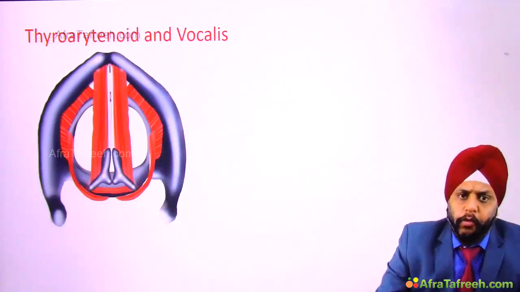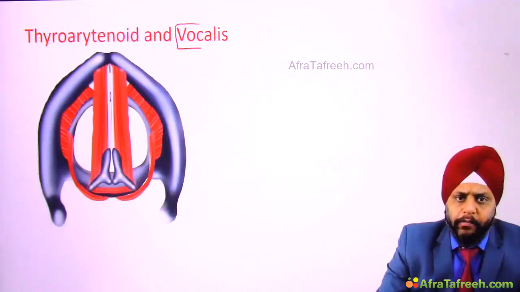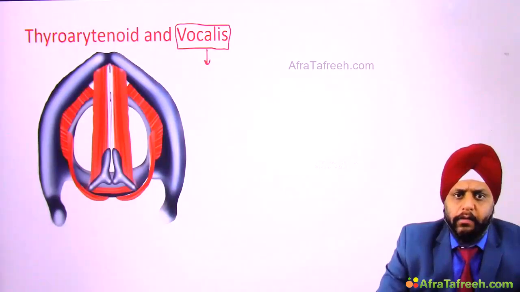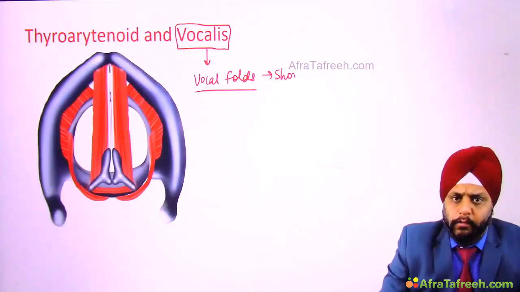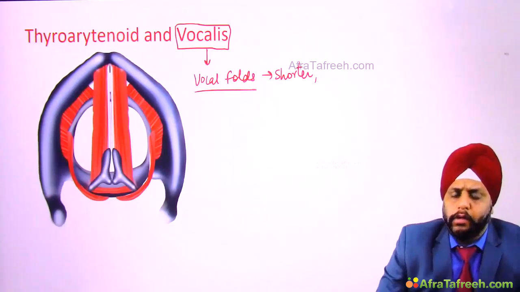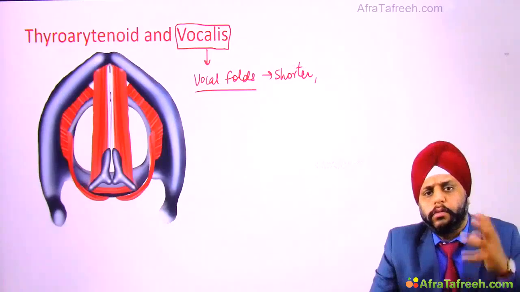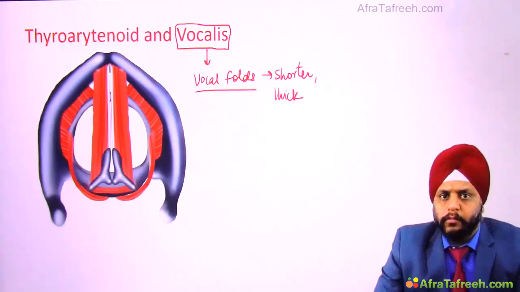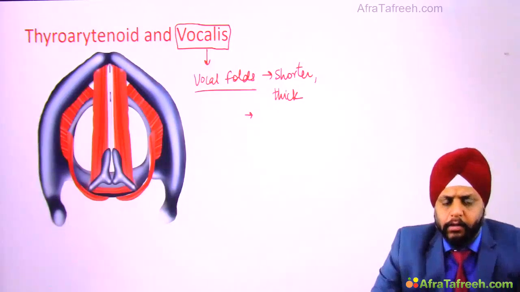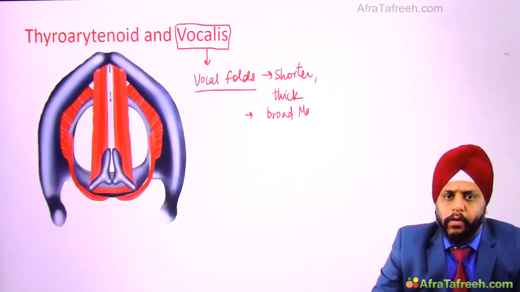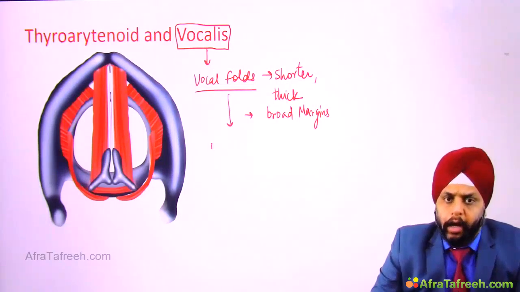The vocal folds, you see the action of the vocalis muscle, these vocal folds are made shorter. And if you have noticed, they are made more thick. Okay, and if you notice, their margins become broad, and they relax.